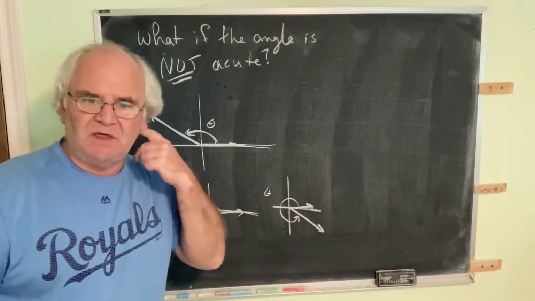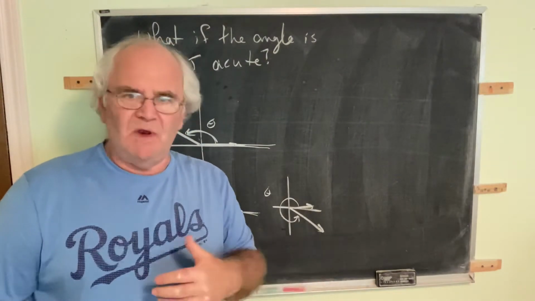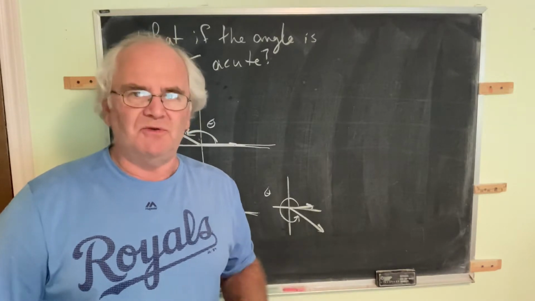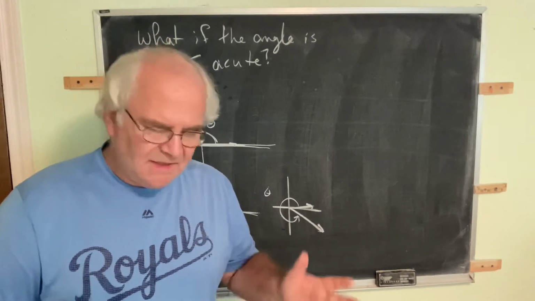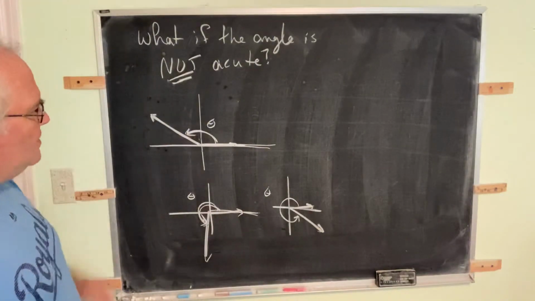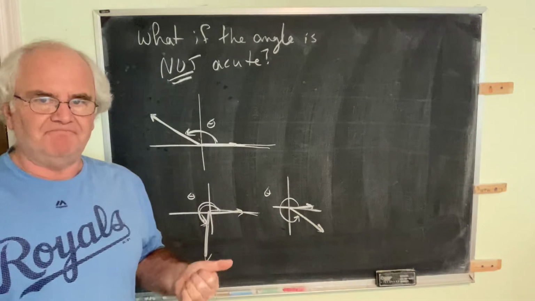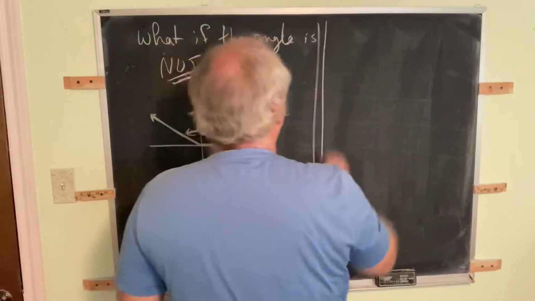If we restrict ourselves only to acute angles in the first quadrant, then we've left off a lot of the power and a lot of the applicability of trigonometry to the kinds of problems that you're going to encounter. And so, what if the angle is not acute? Number one, let's assume everything is in standard position. Then we introduce a huge notion.